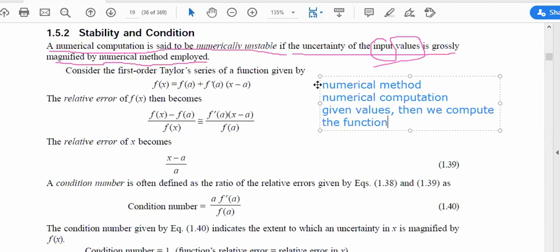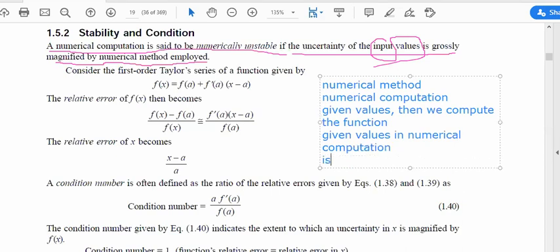The given value, the beginning value in numerical computation, is called the input. Is it clear? So here, input values being grossly magnified by numerical methods implies this.